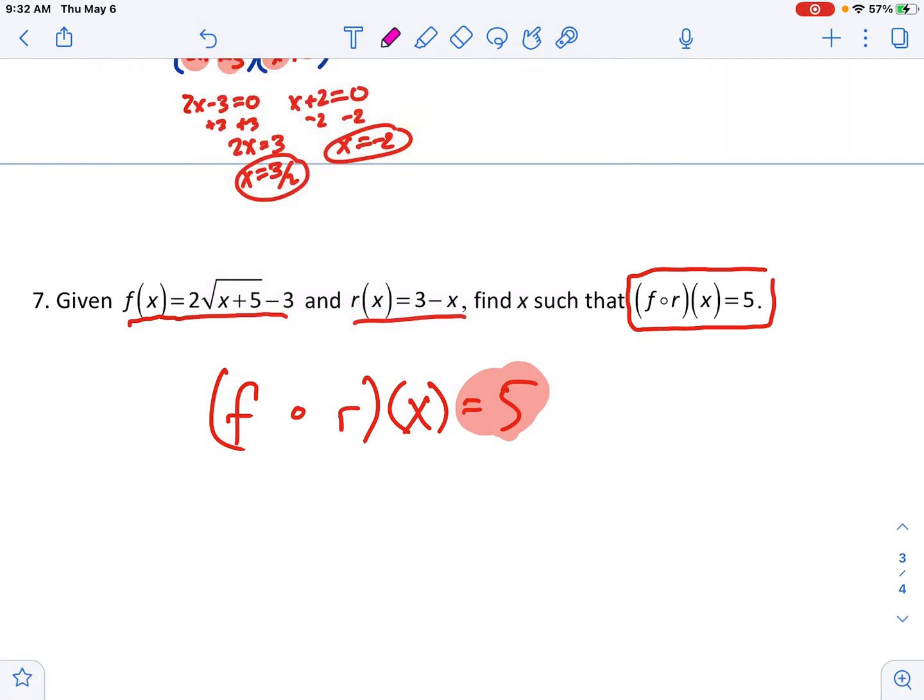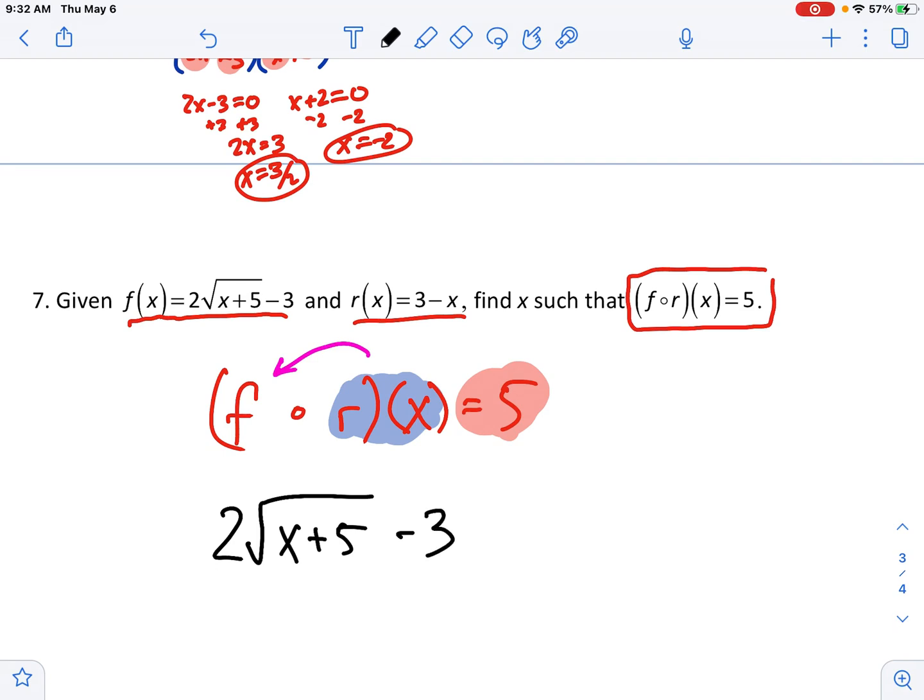F of r of x says take x, plug it into r. But like we just did in level 3, that is not changing anything. That is basically just saying take all of r of x and plug it into the f function, okay? So what does the f function say? The f function says 2 square root x plus 5, minus 3, okay?